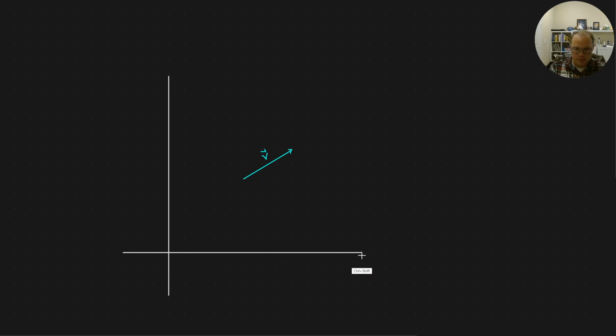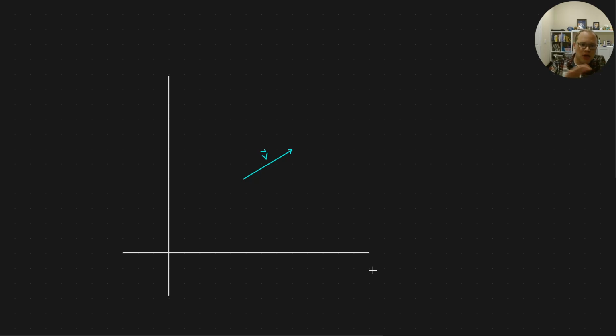But ideally, we would like a more precise way to talk about these vectors rather than just sketching an arrow on a page. We want to be exact here, okay? It turns out there's a very natural way to describe vectors if you are in a coordinate system, okay? So let's sketch a coordinate system here.